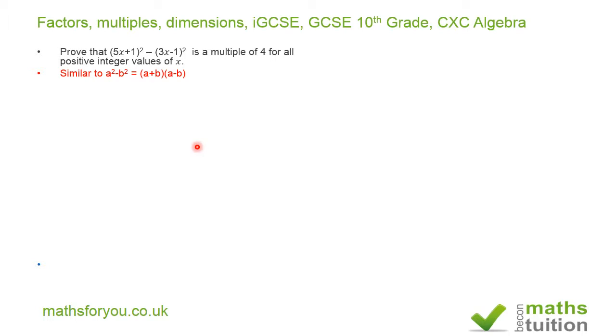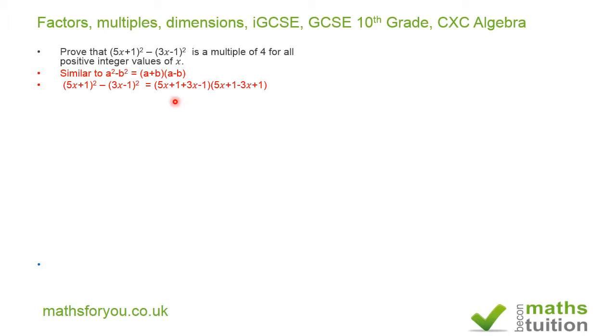So now, rather than (5x + 1) squared minus (3x - 1) squared, we have (5x + 1 + 3x - 1) as a plus b, and (5x + 1 - 3x + 1) as a minus b, because when you open the brackets, the minus sign will change to plus 1 there.